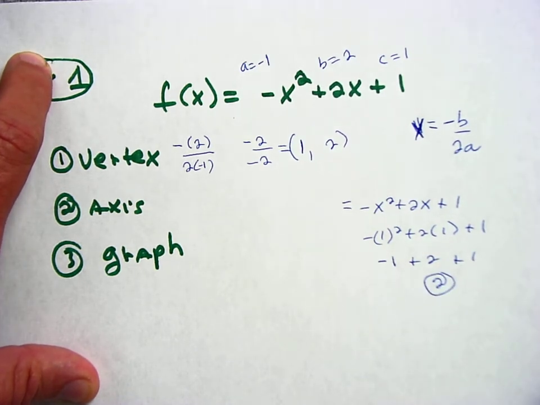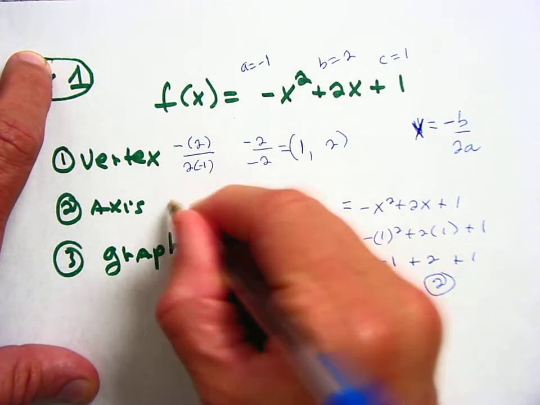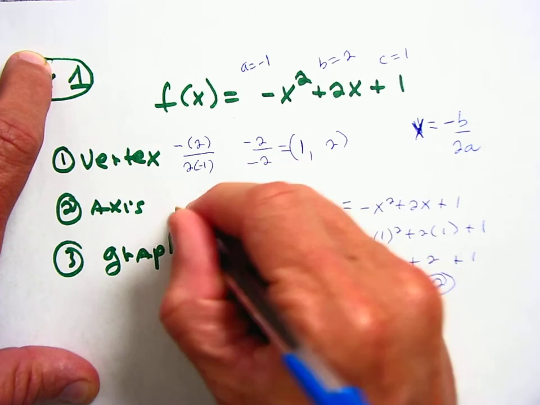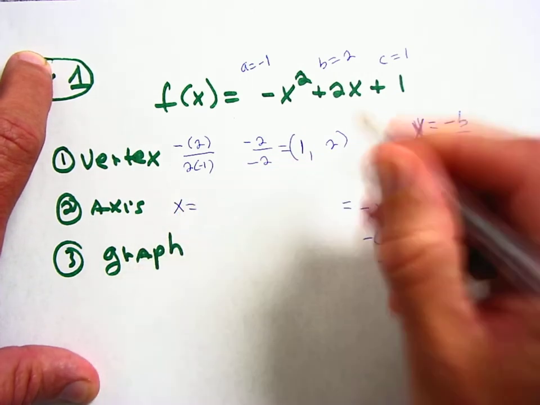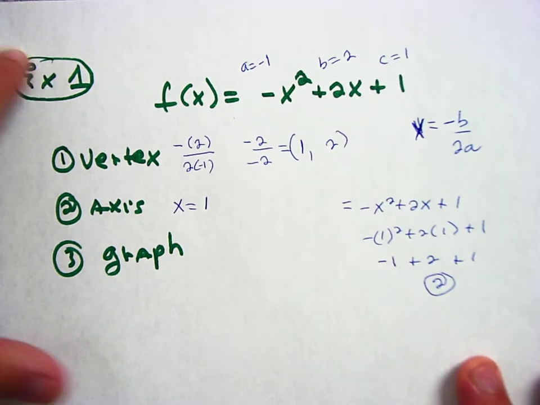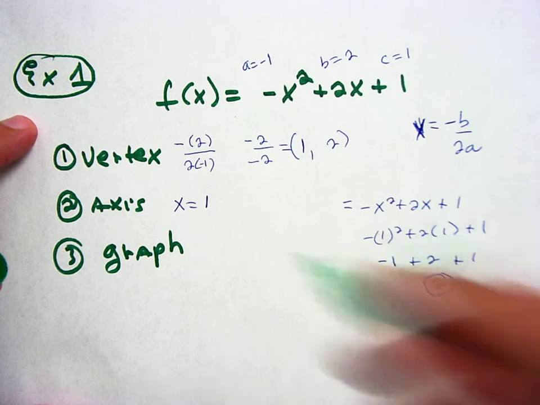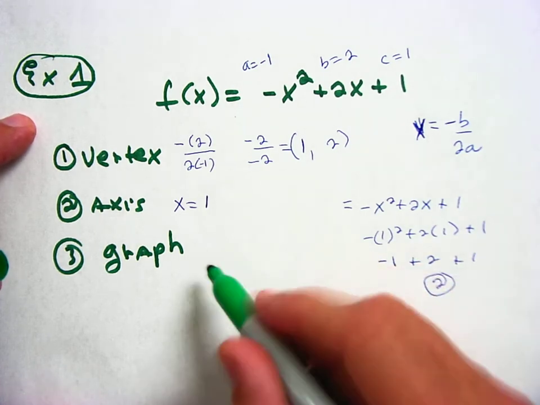Okay, axis of symmetry. It's a line, it's going to be a dotted line, make it x equals whatever the x coordinate is, which is 1. And now let's party on with our graph. All I'm really worried about, you're going to love this.